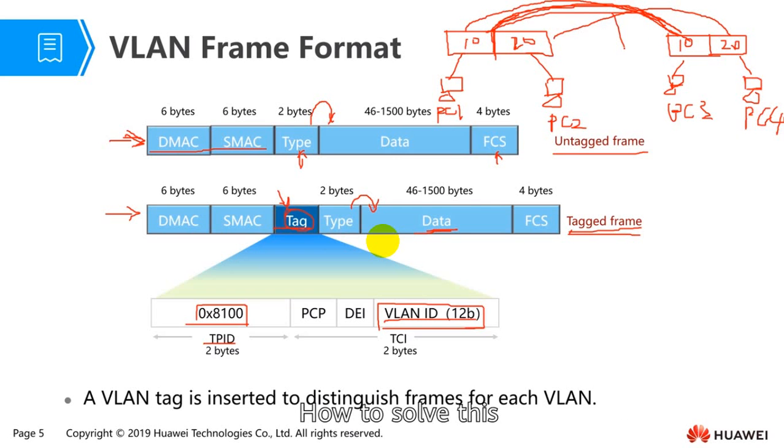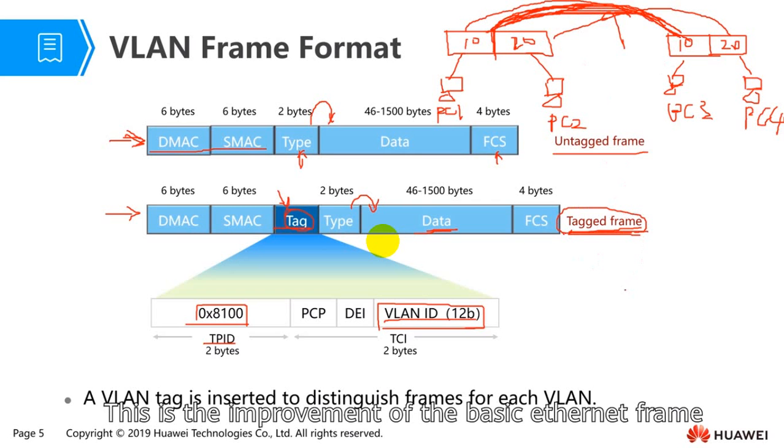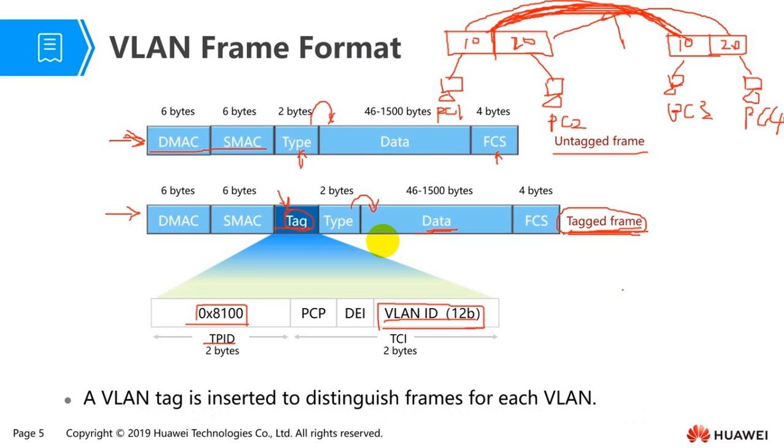How to solve this? We use the tagged frame. To carry many VLANs' Ethernet frames on one physical link, we should use the tagged frame. This is the improvement of the basic Ethernet frame.